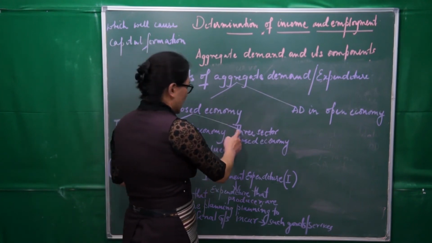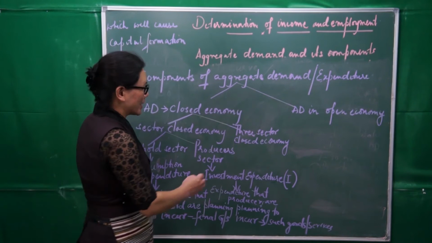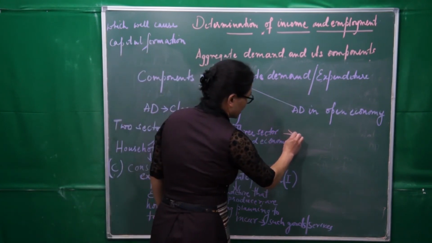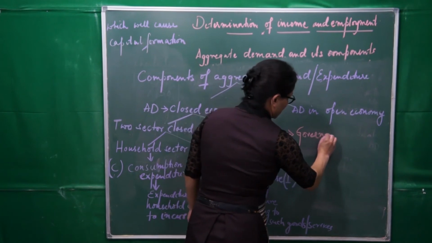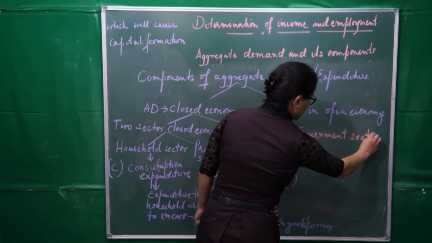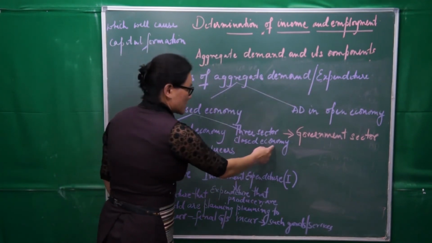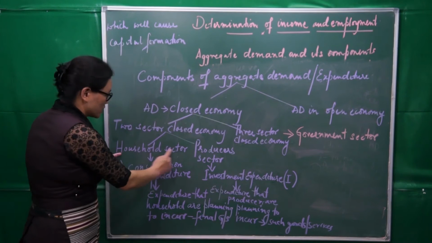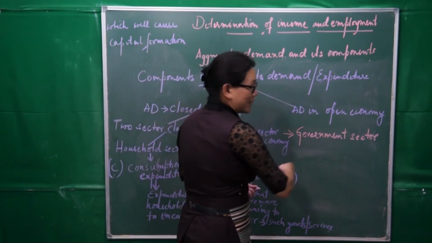Now, under same, we have three-sector closed economy, which comprises of government sector. So in three-sector closed economy, we have household sector, producer sector, and then government sector.